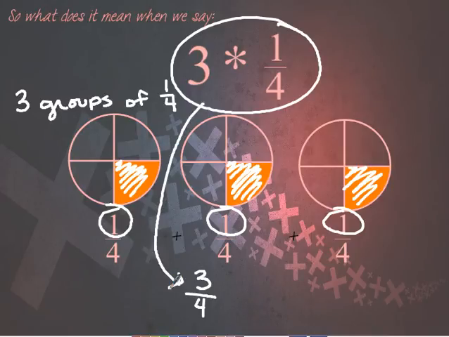If we can really focus on understanding what the multiplication means, our answer is going to start to make more sense. Even though we have this large number, this 3, we only have 1/4 in each group. Hence the reason that we only are getting 3/4 as an answer.